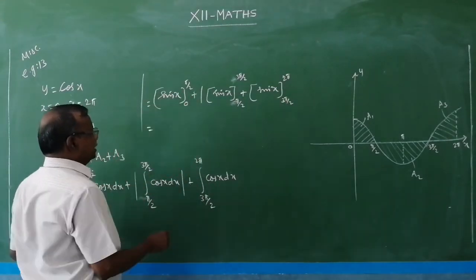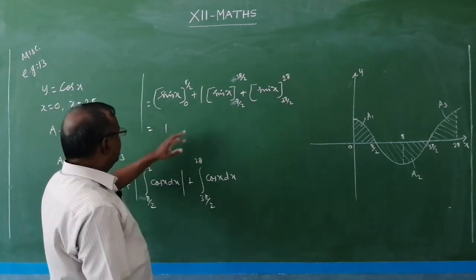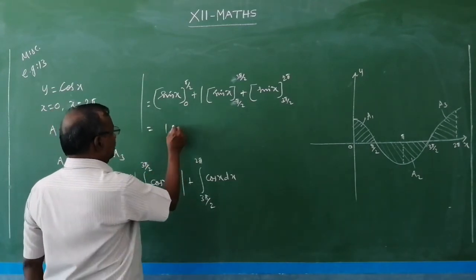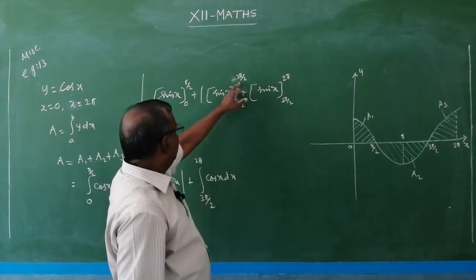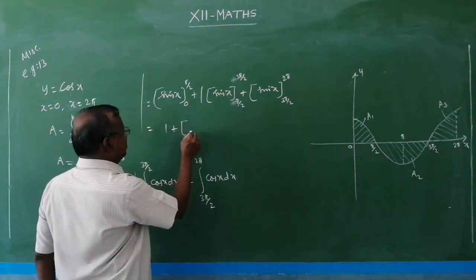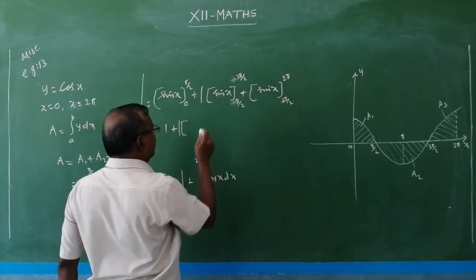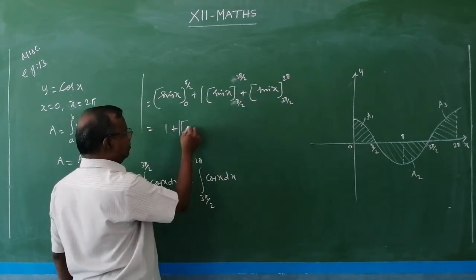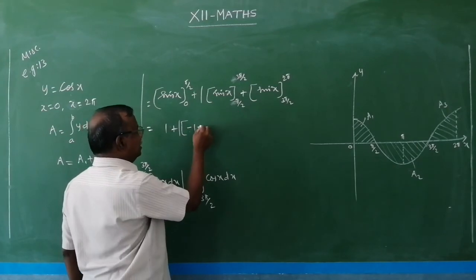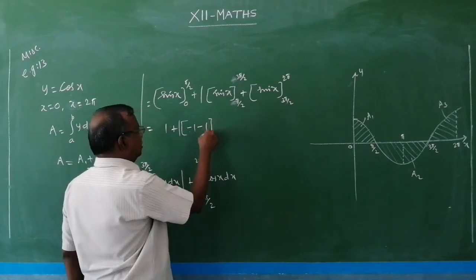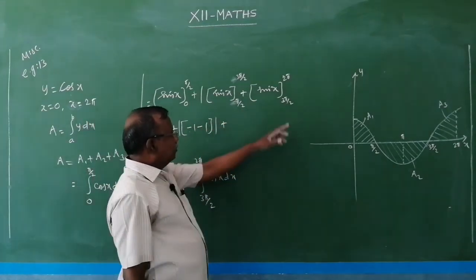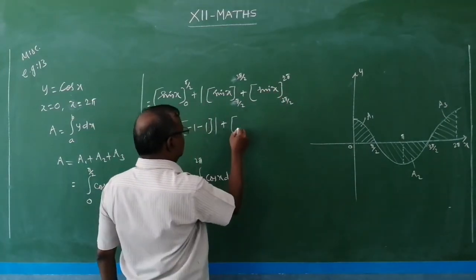Here the upper limit is sin pi by 2 equal to 1 and the lower limit is 0, plus here the upper limit is 3 pi by 2, that is modulus of sin 3 pi by 2 is minus 1, again minus sin pi by 2 is minus 1, modulus, plus the upper limit is 2 pi equal to 0.